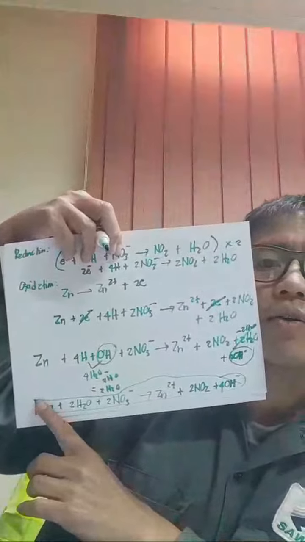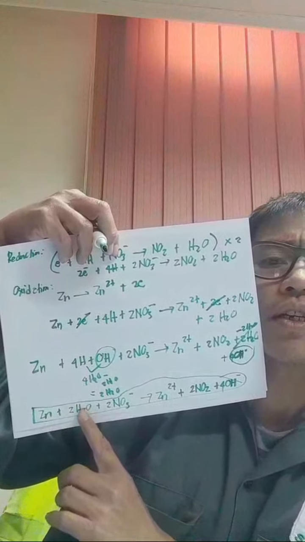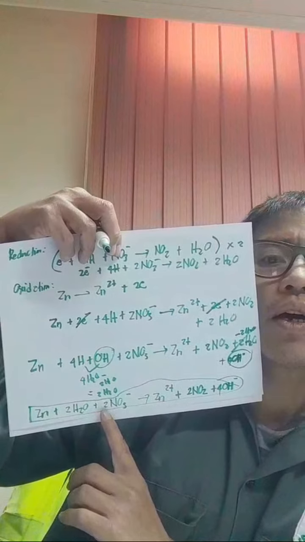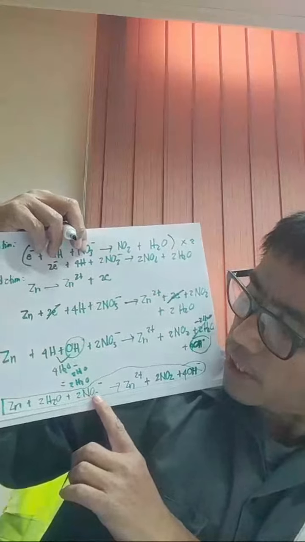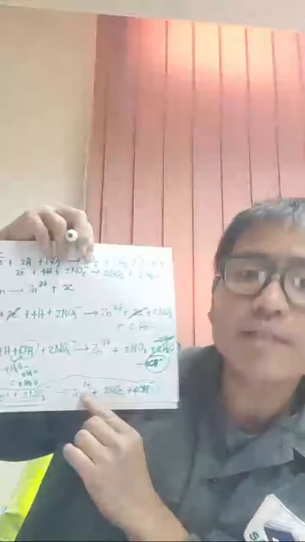Now for the charges: zinc 0, hydrogen 0, and this is negative 2. Negative 2 charges on the left, total charges negative 2, total charges on the right.